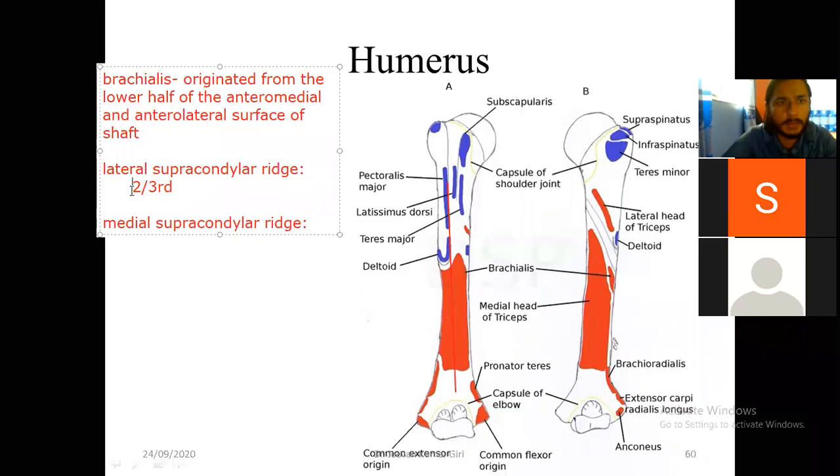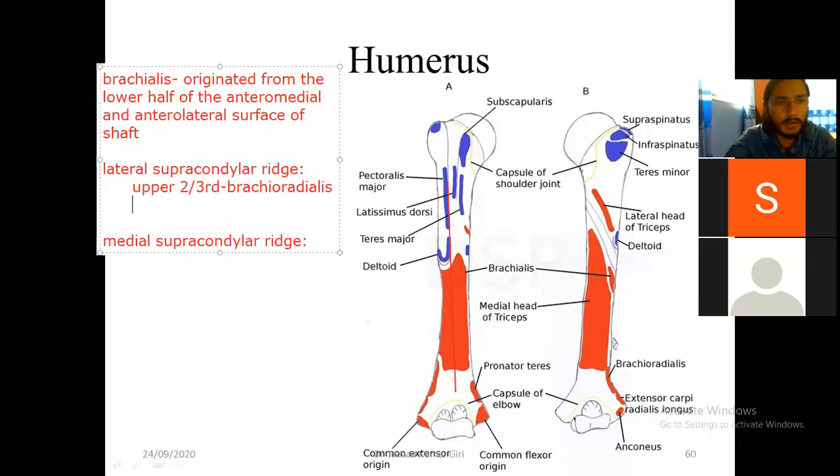From the upper 2/3 there is the origin of brachioradialis. From the lower 1/3 of the supracondylar ridge, there is the origin of extensor carpi radialis longus.